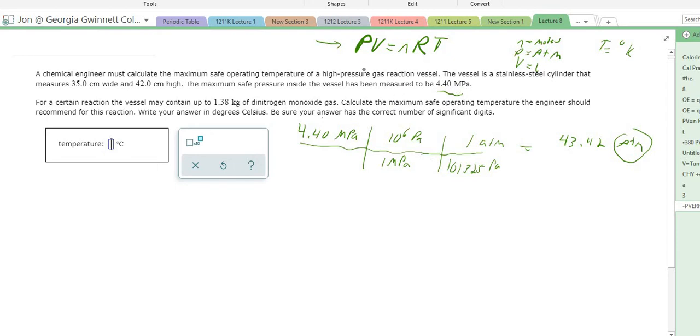Okay, so let's go to volume. To make things difficult for us, they don't give us the volume of the cylinder, but we can calculate it. The equation for the volume of a cylinder is volume equals pi r squared times the height. So a circle times a height is what gives us the volume.